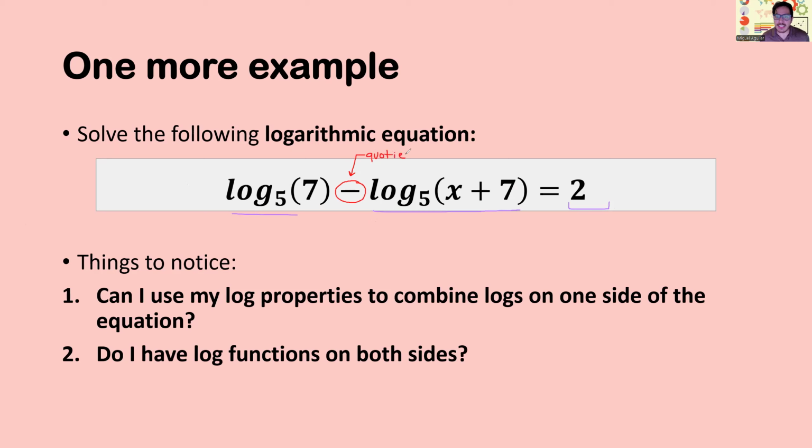So right now I'm just hinting at how to approach this kind of a problem. Be very careful when you're looking at these equations to ask yourself, first, how many logs are there? If you have multiple logs on one side of the equation, can I combine them? And if I can combine them, do I use the product property or do I use the quotient property?